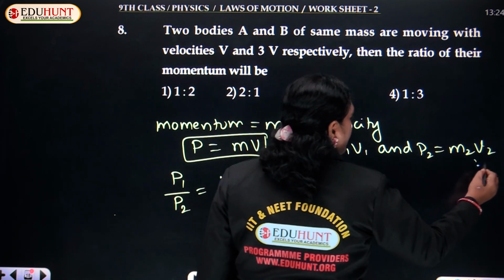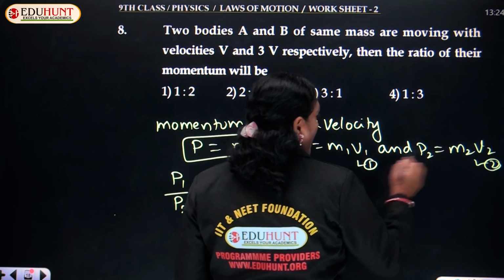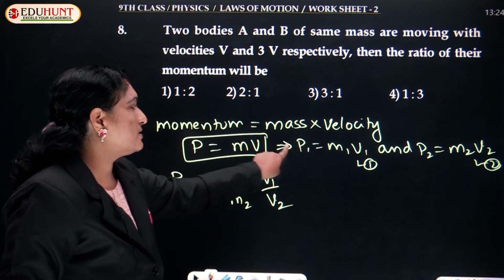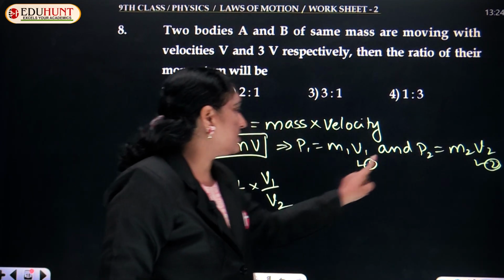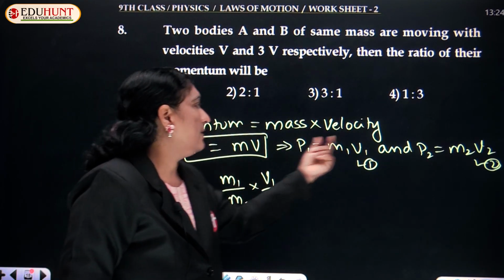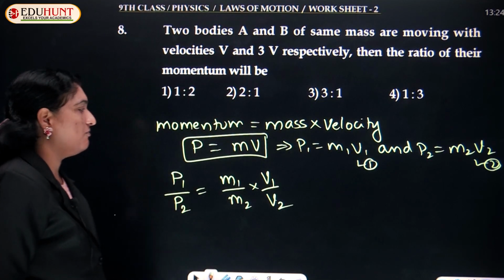So let us divide equation 1 by 2. On the left-hand side, P1 by P2. Here you have M1, here M2, M1 by M2, and V1 by V2. So this is your formula.